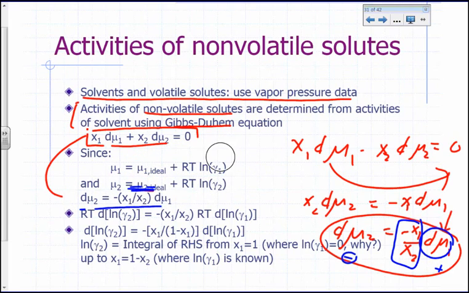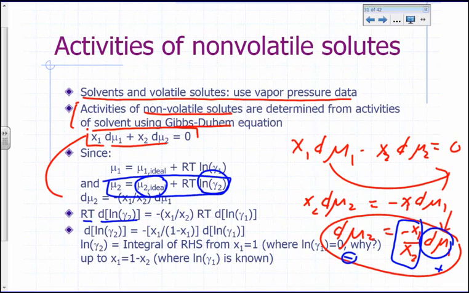At constant temperature and pressure, the ideal term is just a constant, so d mu 2 is just RT times d ln gamma 2, because your activity coefficient is going to depend on the composition of your mixture, the mole fraction.